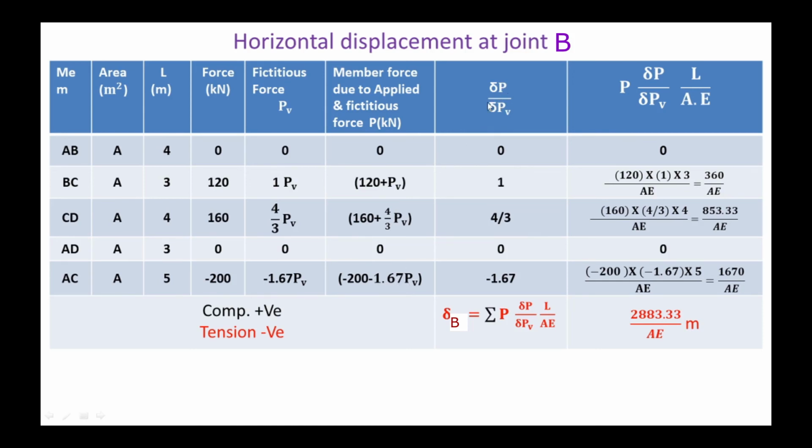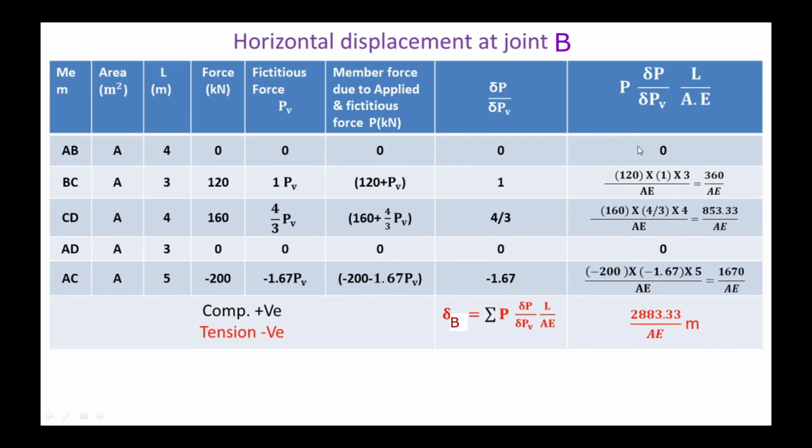This del P by del PV is the partial derivative of column number 6. If you differentiate 120 plus PV with respect to PV, the 120 is a constant so its derivative is 0, and the derivative of PV is 1. Here the derivative is 4 by 3, and here the derivative of the last is minus 1.67.